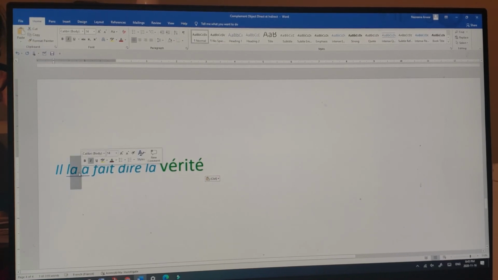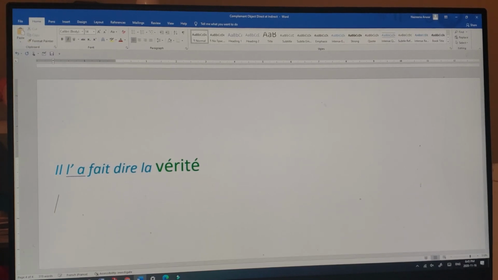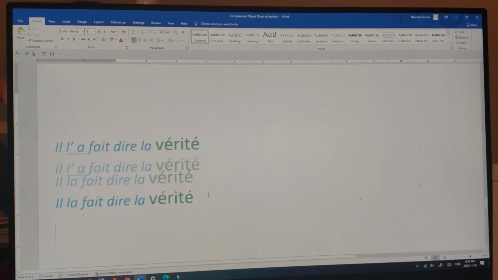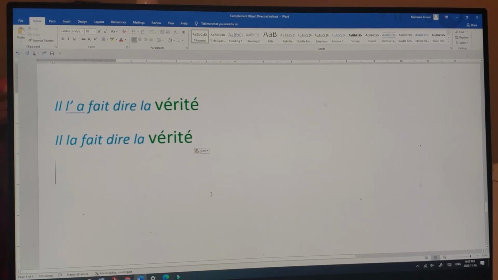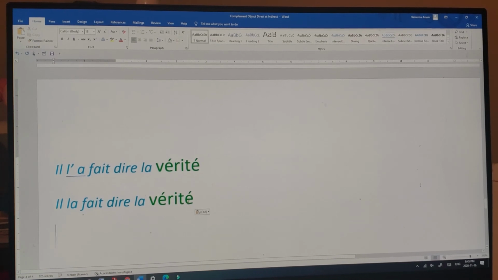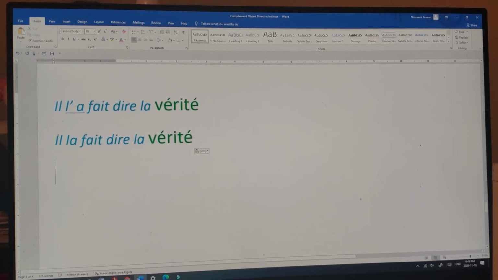Because of the vowel, we get rid of this and il l'a fait dire la vérité. If we just use it in the present tense, il la fait dire la what? Vérité.